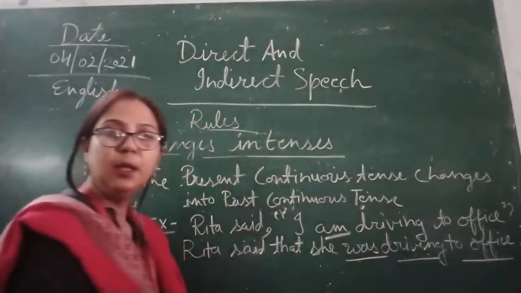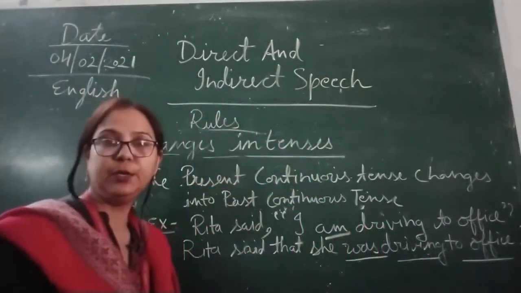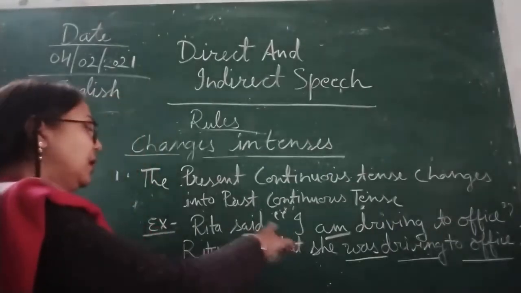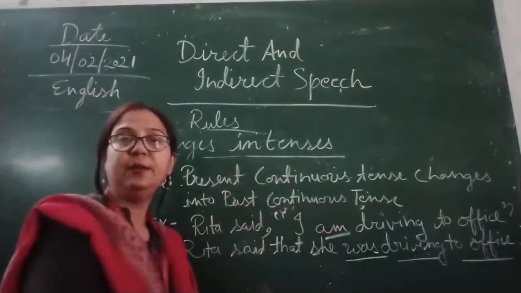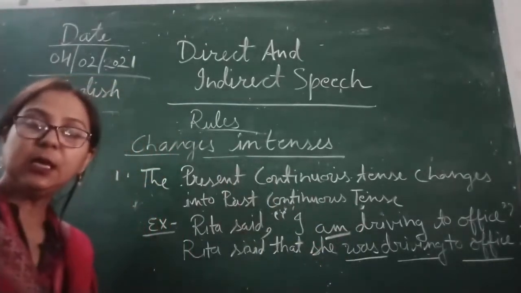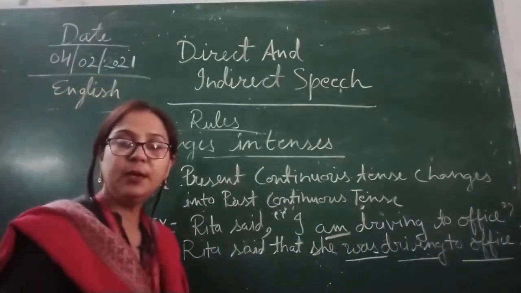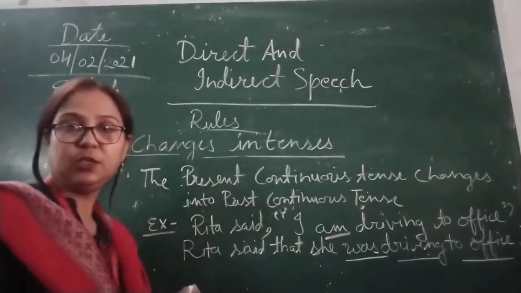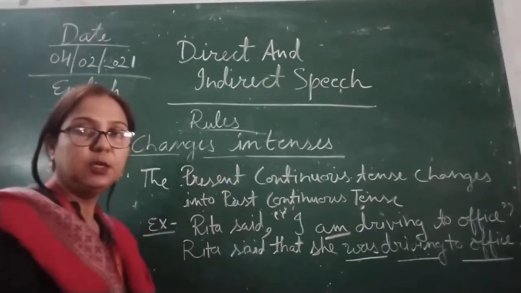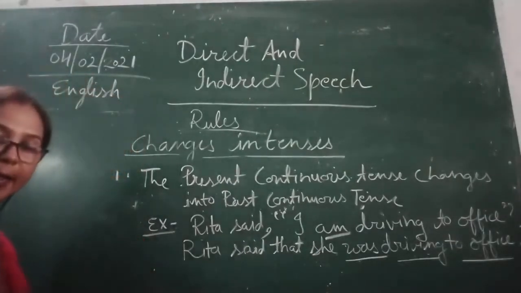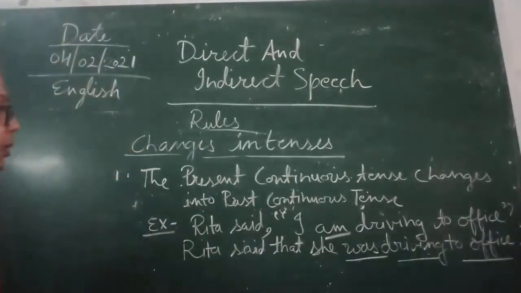So it becomes past continuous tense. Rita said, "I am driving to office." Rita said that she was driving to office. You can see the example and understand how to change present continuous into past continuous tense.